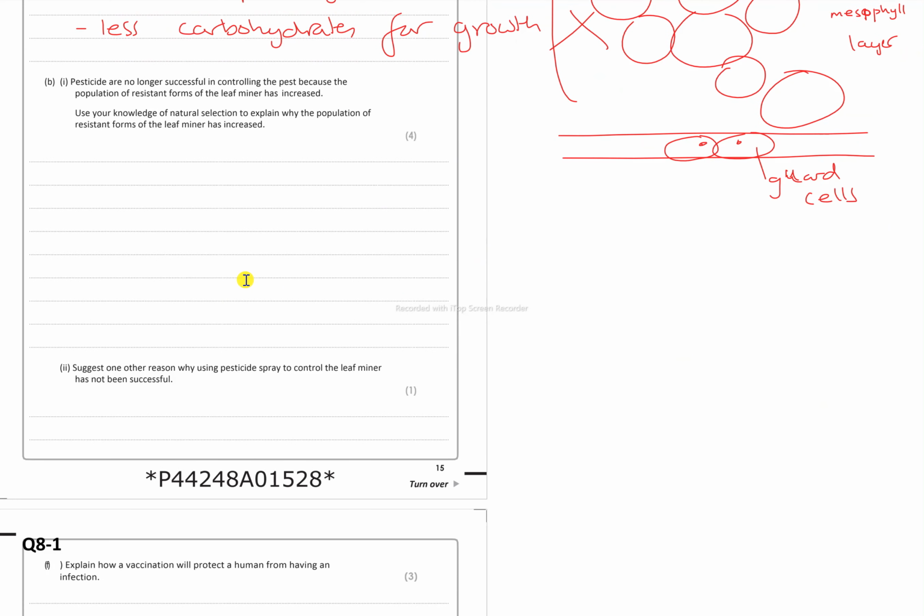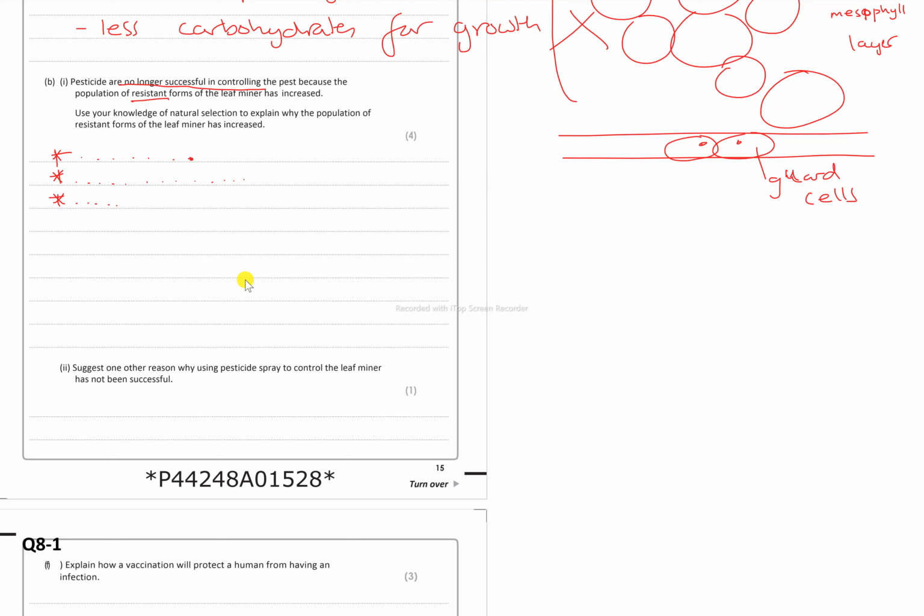Right, same question. Pesticides are no longer successful in controlling the pest because they become resistant. So, first one, how do we start it? Random mutation in the DNA leads to variation, full stop. This variation means the pest will become resistant to the pesticide.